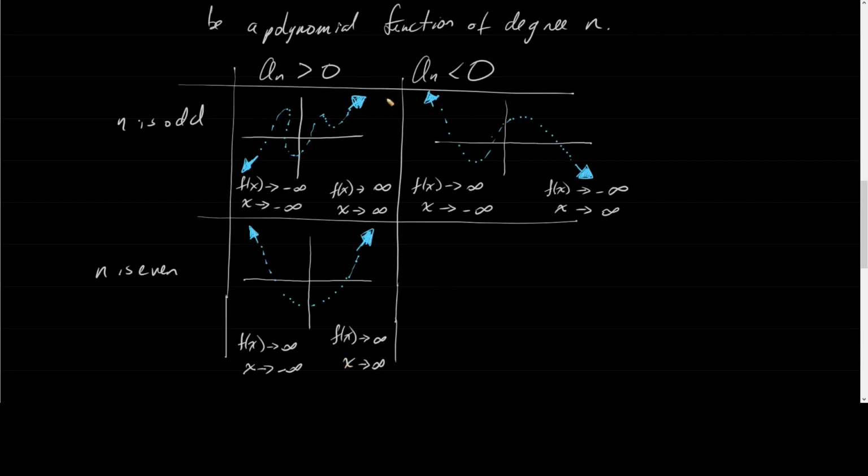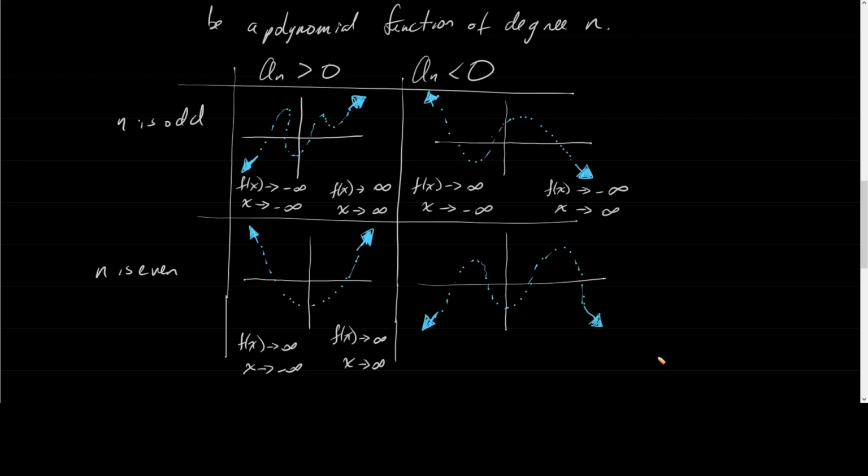And lastly, over here, where n is even and our leading coefficient is negative, we would have something like this. We would start at the bottom left quadrant, in other words, the third quadrant, and we would end at the bottom right quadrant, the fourth quadrant. And again, what's going on in the middle is not really too important right now.